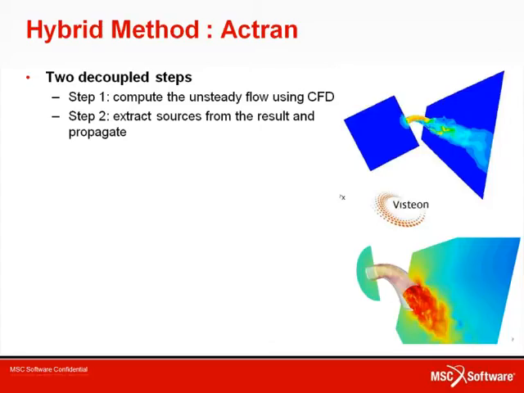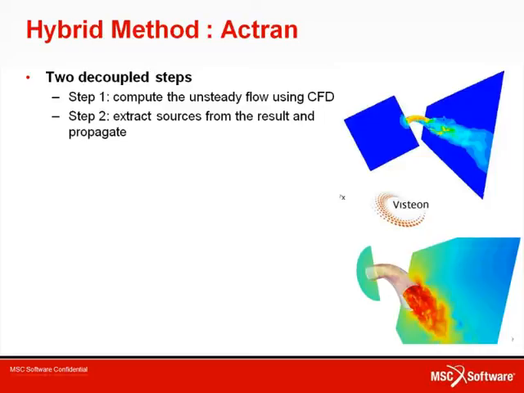So the basic idea behind a hybrid method is to decouple the computational process in two separate steps and use the CFD solver and the acoustic solver for what they have been designed for. First, the CFD solver computes the unsteady CFD flow at every time step and everywhere there are some source generation mechanisms.